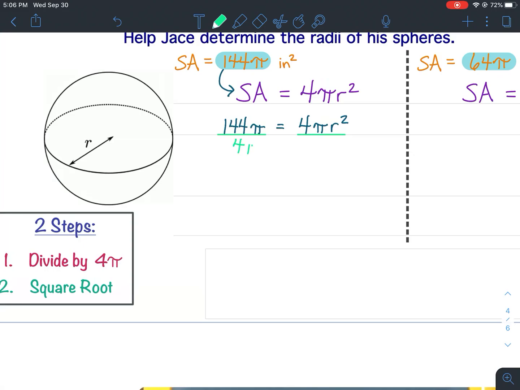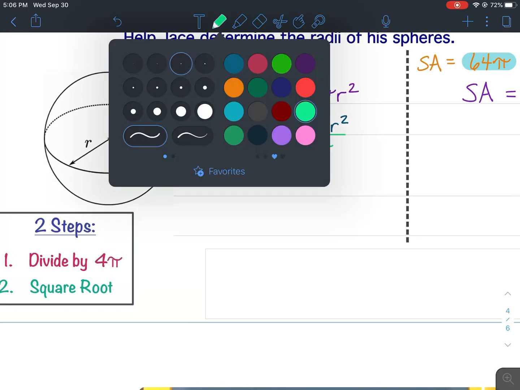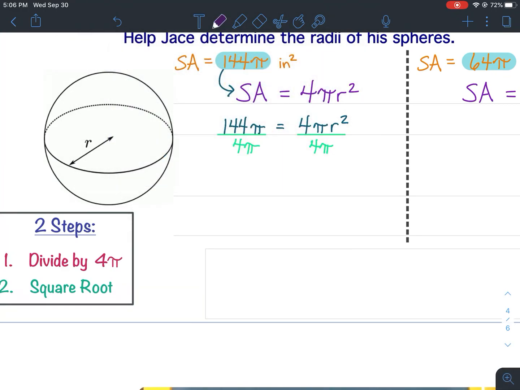So divide this side by 4 pi, divide this side by 4 pi. By doing so, on the right side, the 4's cancel and the pi's cancel. On the left side, the pi's cancel. What you have left to do is the 144 over 4. So I need to divide that.